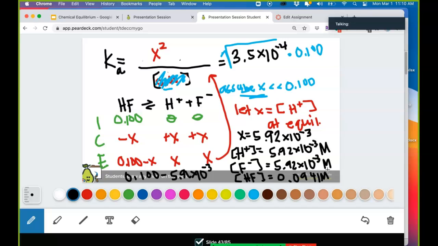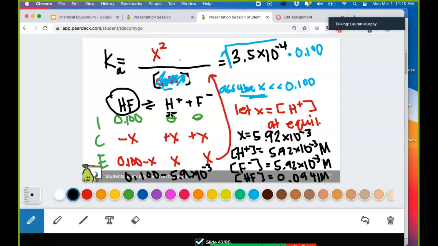Okay, so these are my answers. Notice HF is drastically higher in concentration than the H and the F minus. That is because weak acids exist mostly as the intact acid as opposed to the ionized version of the acid. Now, it does dissociate a little bit.